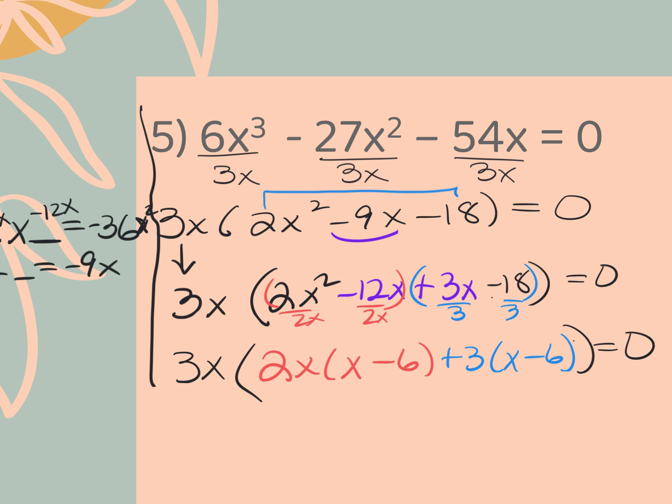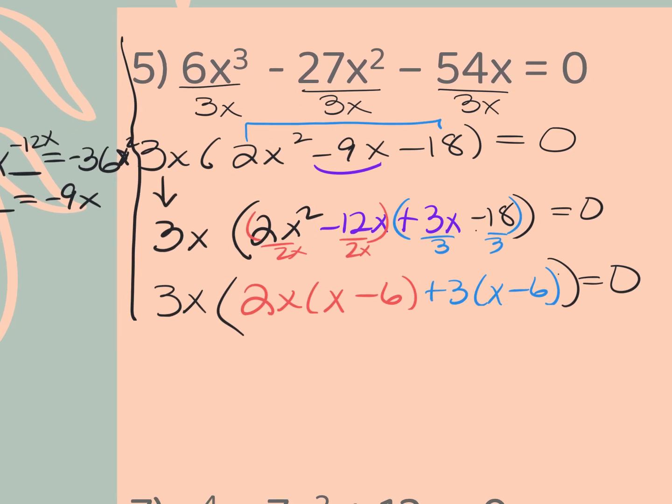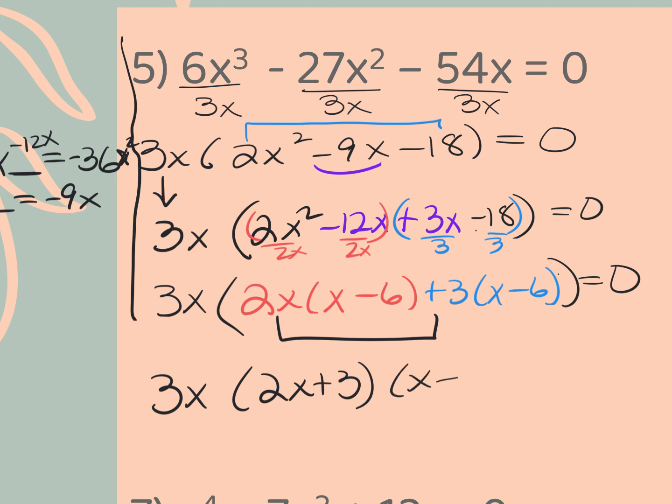Still equal to 0. And now you're going to take the 2 GCFs. That becomes your first binomial. And your second one is what was in common. And now it's fully factored.